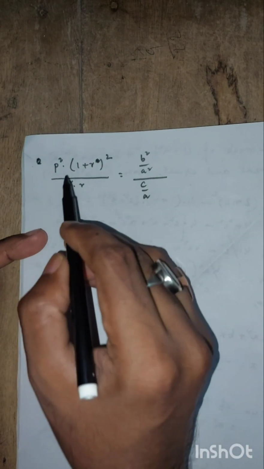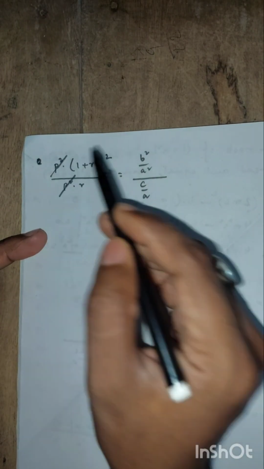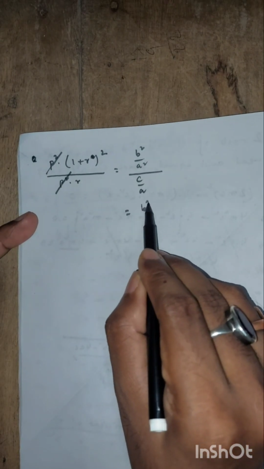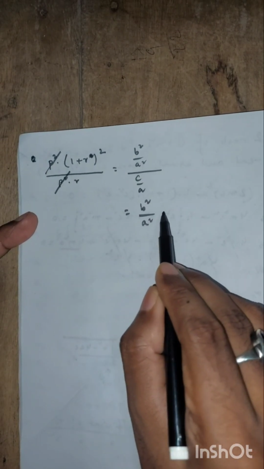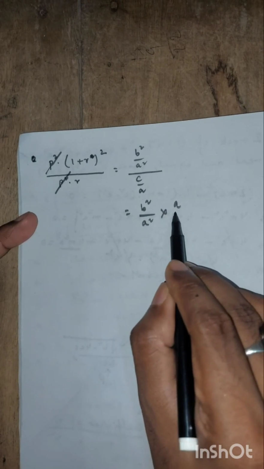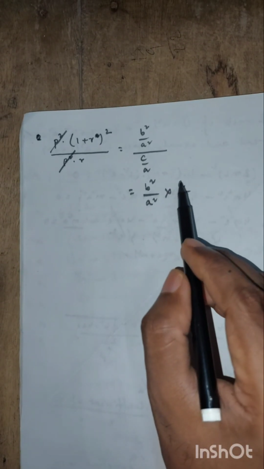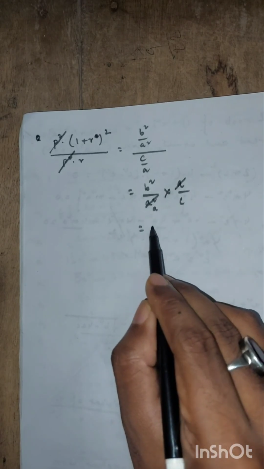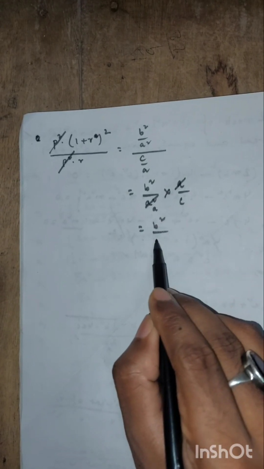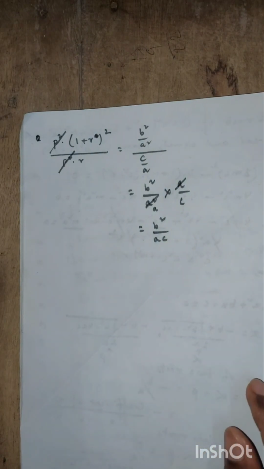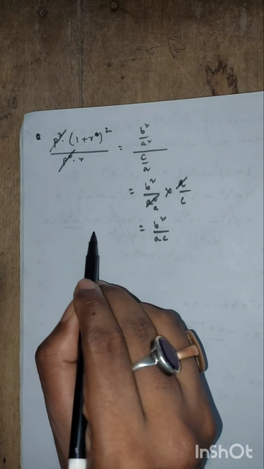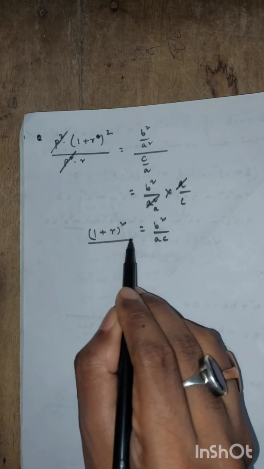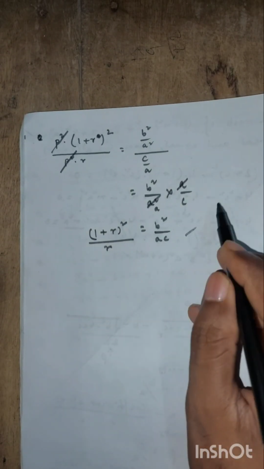Now if we cancel p square and now we can cancel a, it becomes b square by ac. So this is what we needed to prove. 1 plus r whole square by r equal to this, proved.